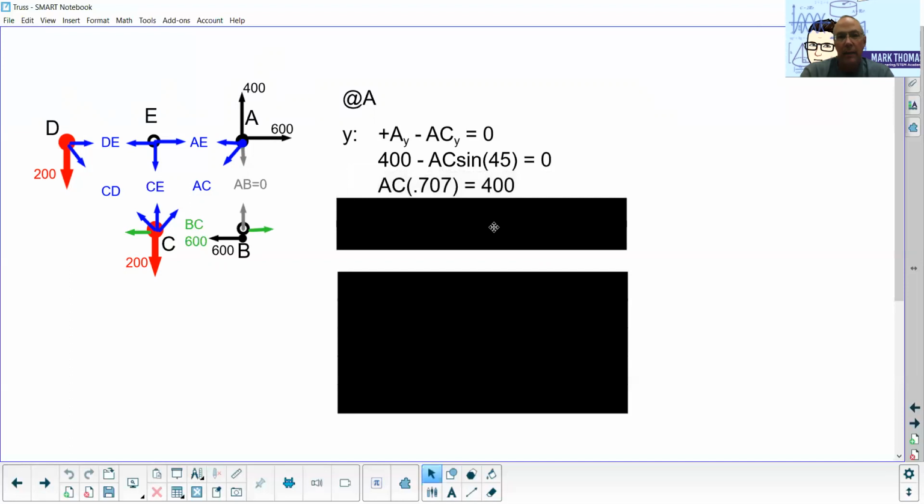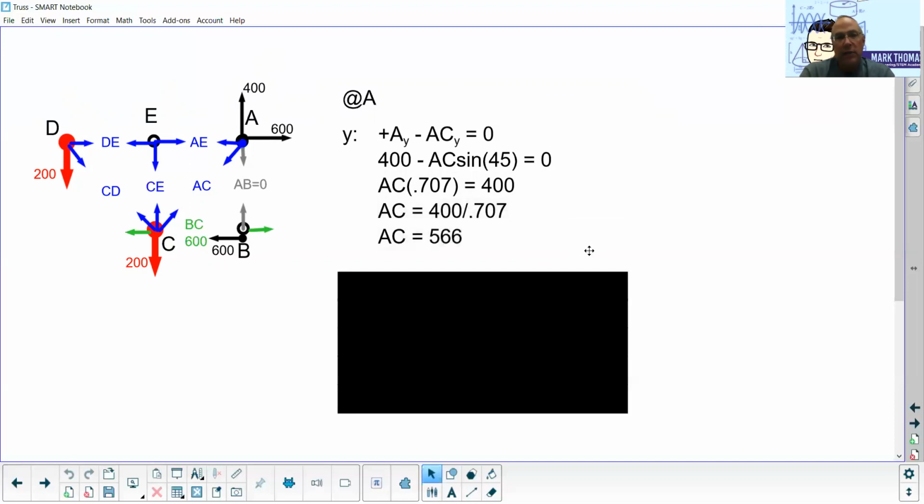So we'll plug that in. I'm going to refer back to this line after a little bit. It'll become handy for us. When we divide that through, we find that AC is 566. So this member is in tension because it's positive. It stays positive. It's in tension. I don't need to redraw any arrows, but I did just find my 3rd member force. It's 566. Let's see what else we can find from A, looking at it in the X direction.